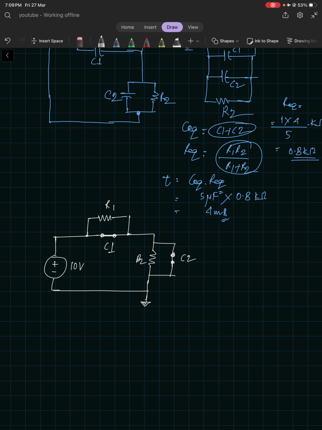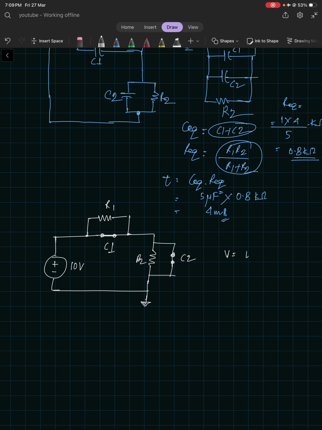Now you see there is a short circuit path, and there is no meaning of R over here, right? In a short circuit, what will happen if you apply Ohm's law?